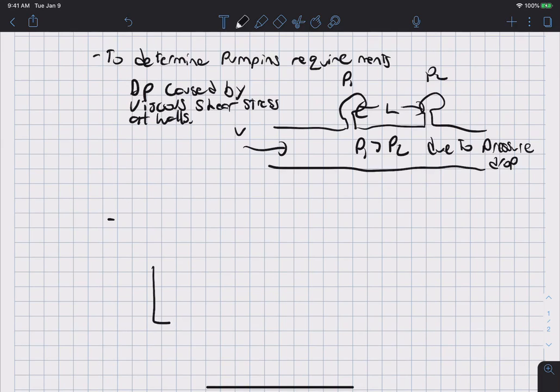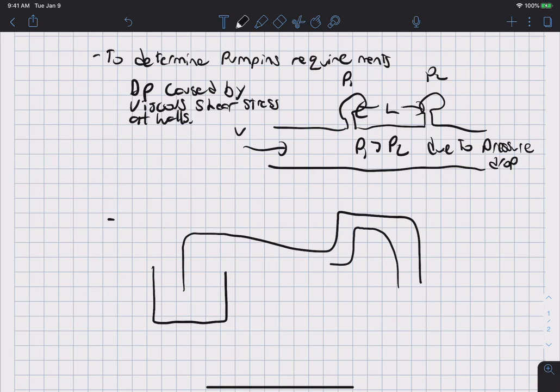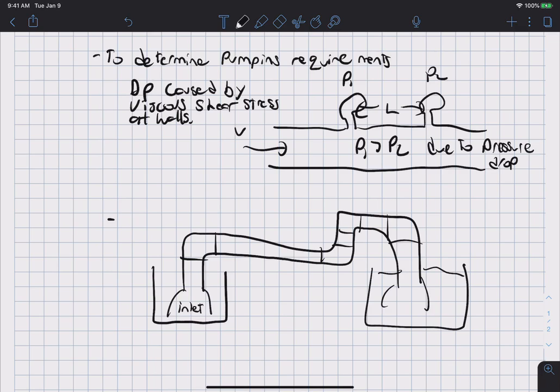So if we have a little tank here, and we're going to suck up some water in a goofy piping system, and we have an inlet here, and another tank here, an outlet here, and a valve here. Okay, and a pump.